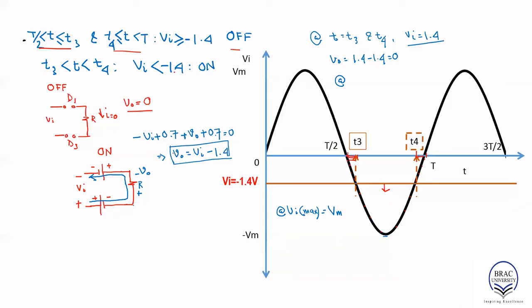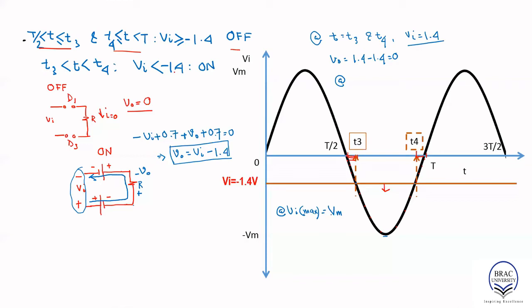So this relationship that we have obtained considers this is in the negative half cycle, so that sign has already been considered here. That's why we don't need to separately select a sign for any value.